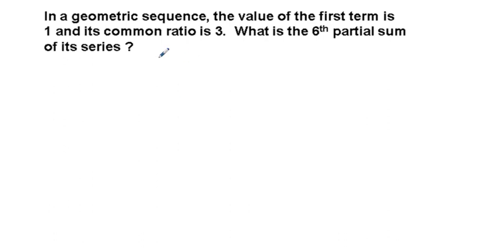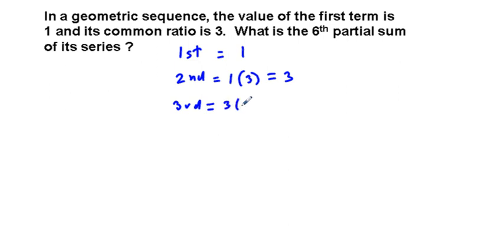And so the sixth partial sum is going to be the first term, which is already given. It's equal to 1. And the second is going to be 1 times our common ratio, which is 3, so it's equal to 3. Our third is going to be the second term times 3, so 3 times 3 equals 9.